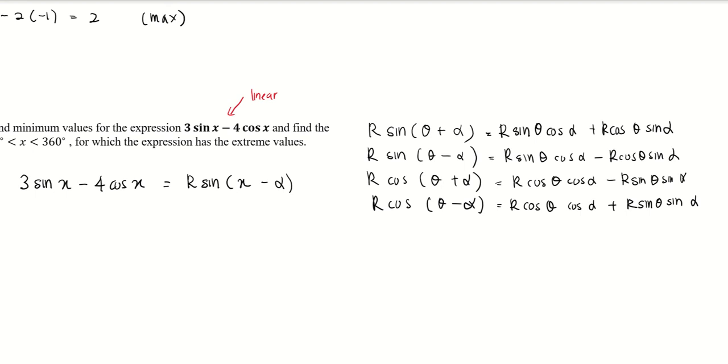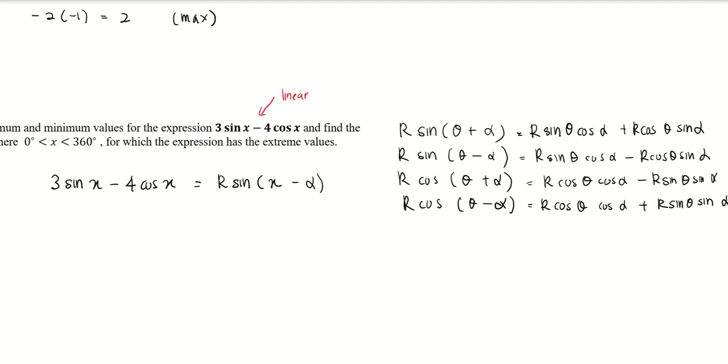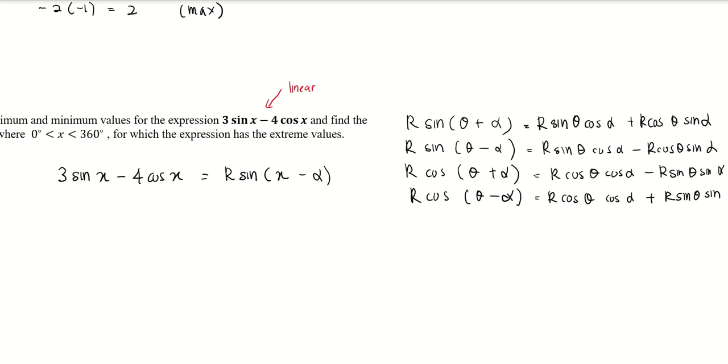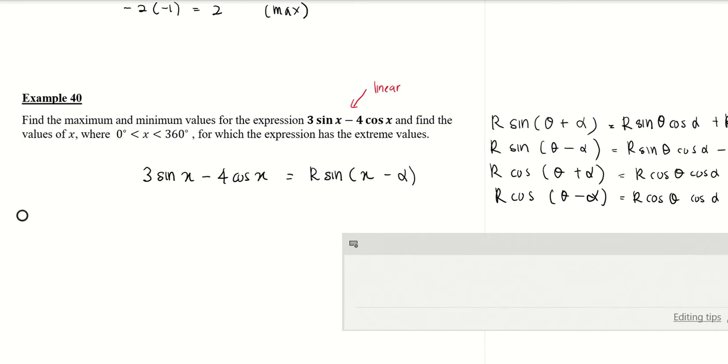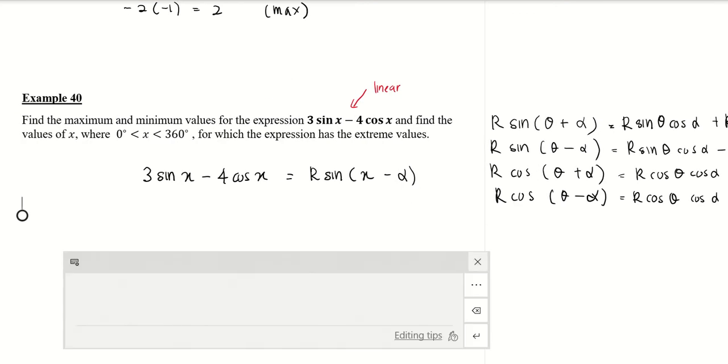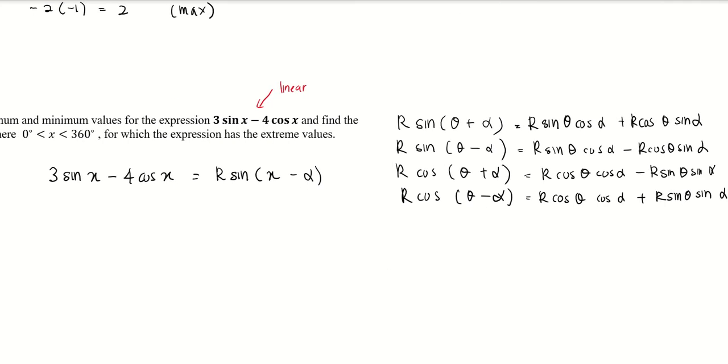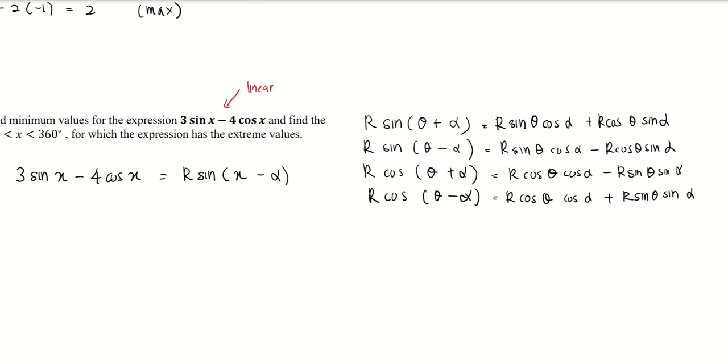form is like this. So we take a look at our expression here. We have 3 sin x minus 4 cos x. So the first term must be sin and the second term must be cos. So in this term, which one has sin first and then cos is the form sin theta plus alpha. The suitable one is r sin, not r cos, because r cos has cos first, then sin. Then for the second one, we need to look at the sign here. If here is minus, the suitable one is also the minus.